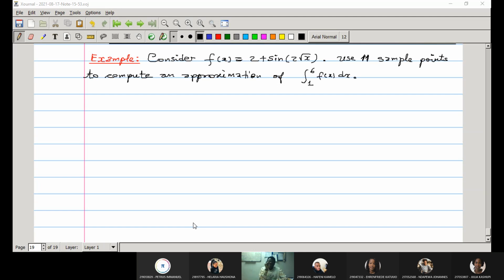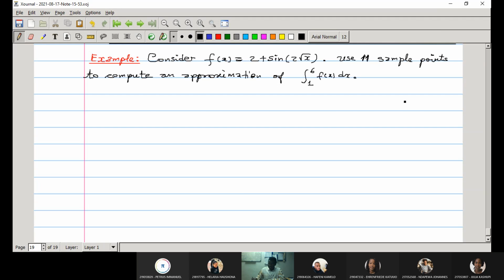Which means that 11 minus 1, which is 10, is the total number of subintervals, an even number. So we say that 10 is equal to 2 times n, because we need that n in our summation if you want to use the formula. In the formula we need n, not the total. Total divided by 2 gives n. You have to be very careful with this statement.